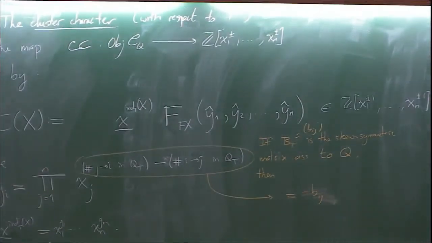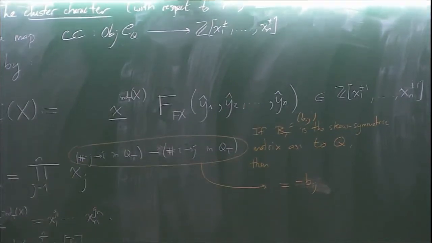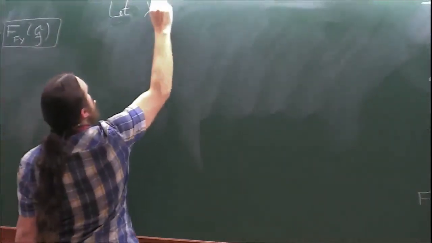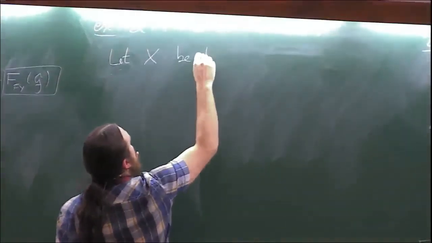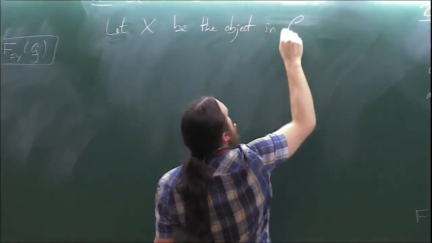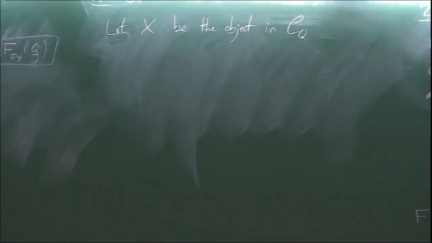So now for the Kronecker quiver, I want to compute the cluster character applied to this object of the cluster category.